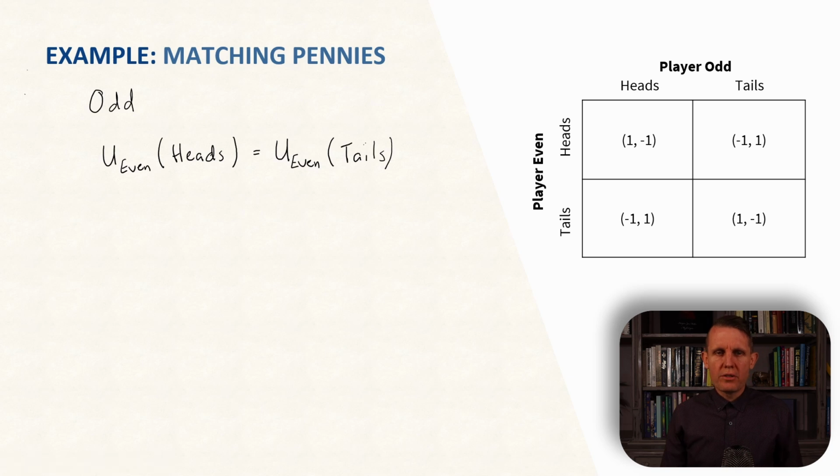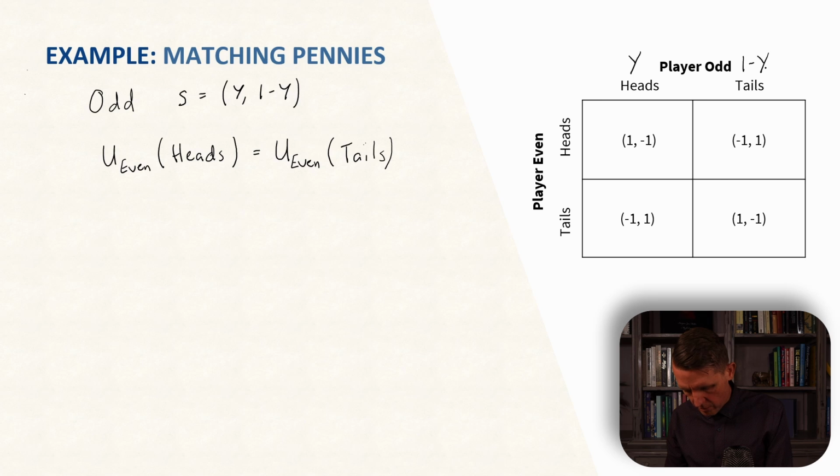So let's set the strategy profile for agent odd to be y, 1 minus y, where y is the probability that odd plays heads and 1 minus y is the probability that odd plays tails.